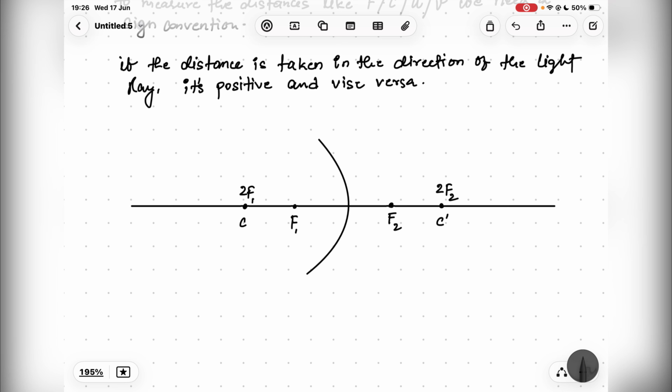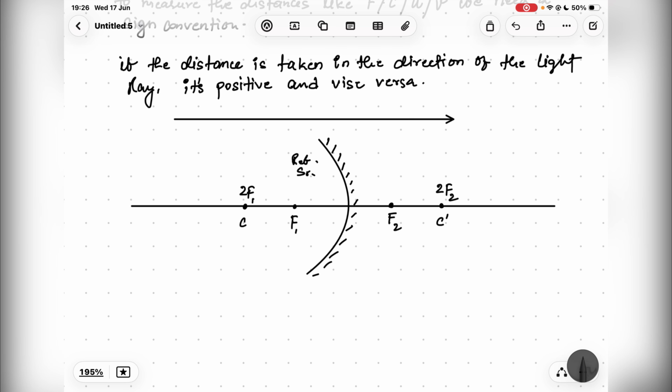Okay, and this is a concave mirror, so this is the reflecting surface, so light will come from here to here.